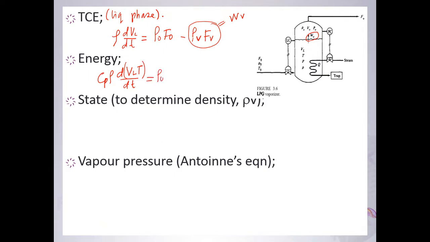It's equal to rho naught Cp naught F naught T naught, minus rho V FV Cp TV plus lambda V. Please don't forget that. Plus Q. So please write down your general equation.